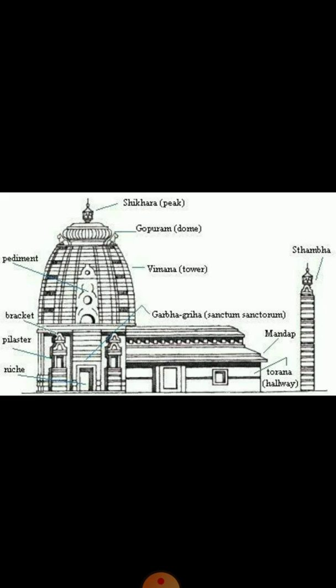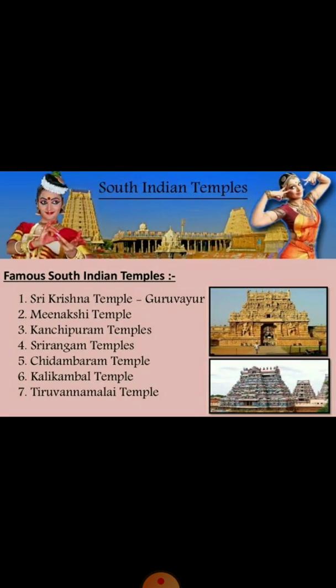A large carved gateway at the entrance in most of the temples was called the Gopuram. However, Gopurams can be seen in South Indian temples and not in North Indian temples.